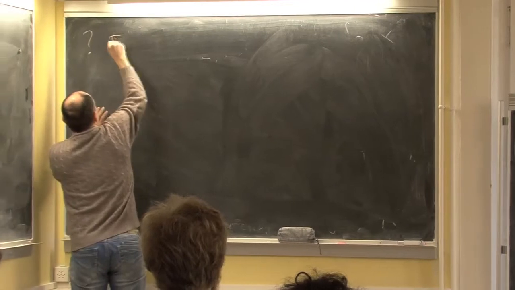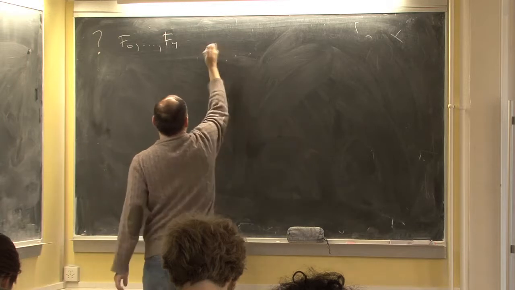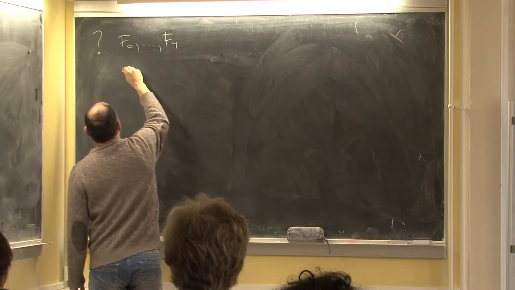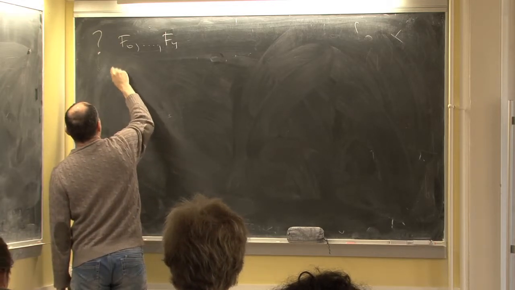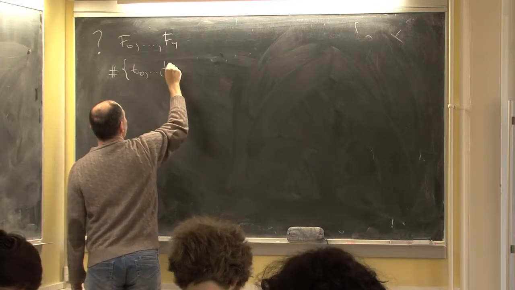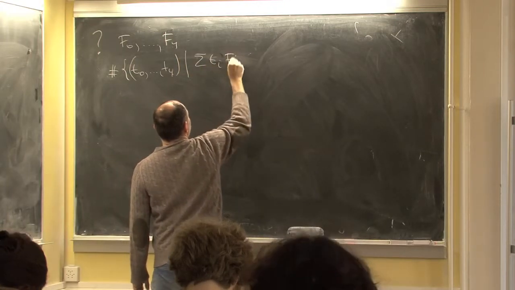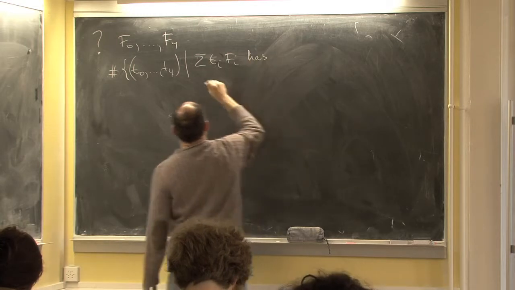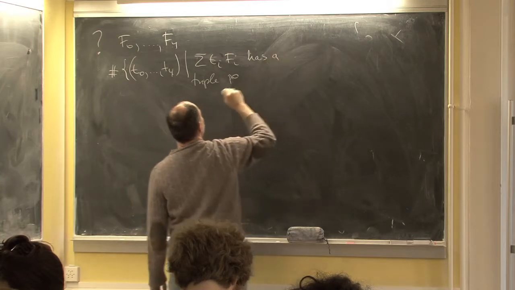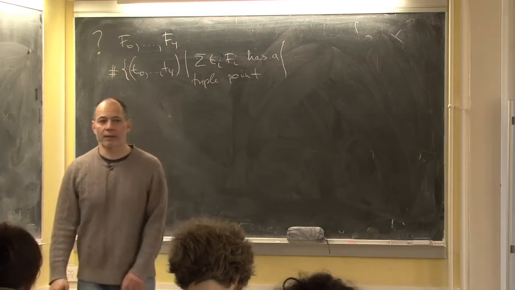So I'll take F_0 to F_4, some generic smooth things, and I'm asking for the number of elements T_0 to T_4 such that the sum of T_i F_i has a triple point. So I'm asking that.